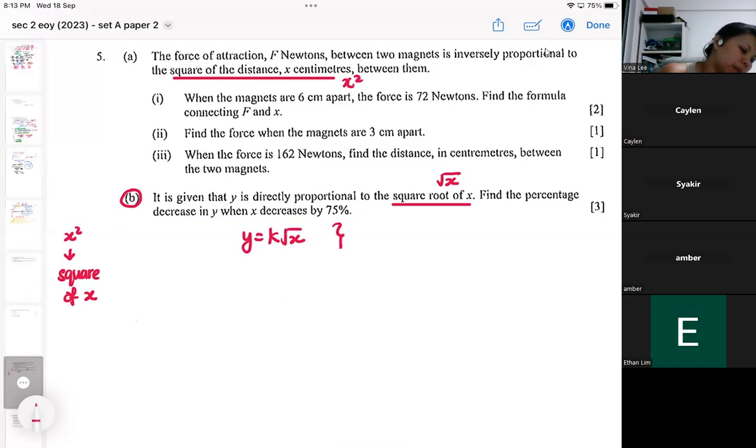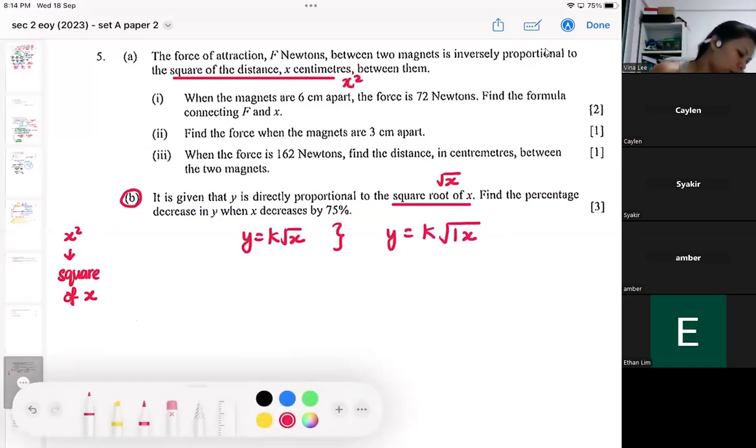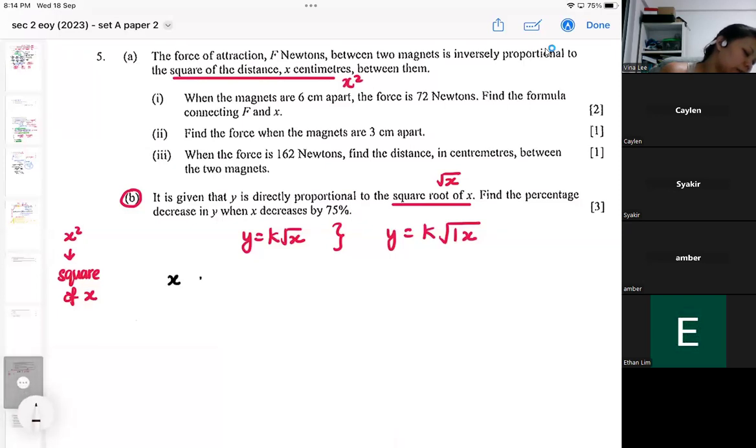So what does this mean? Okay, listen carefully first. That means you are taking the square root of 1x. So what happens when x decreases? x is going to decrease by 75%.